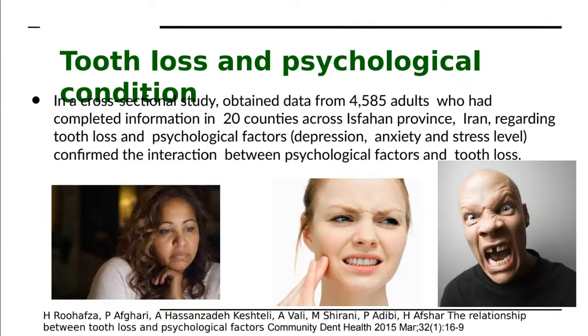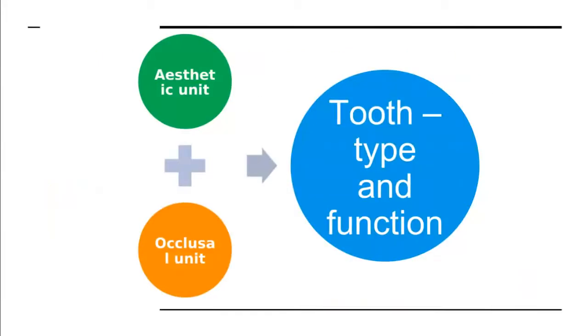So in patients who are mentally handicapped, or in a state of depression or anxiety, or have Alzheimer's, yes, Alzheimer's also, it is a psychological condition. Yes, these patients also will have tooth loss. So they said that in these patients the tooth loss is more when compared to normal individuals.